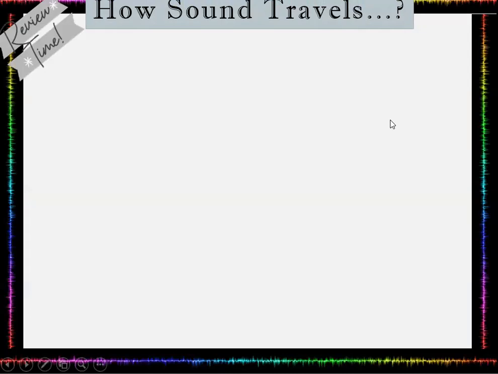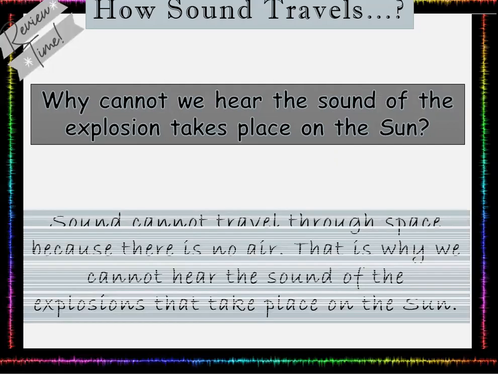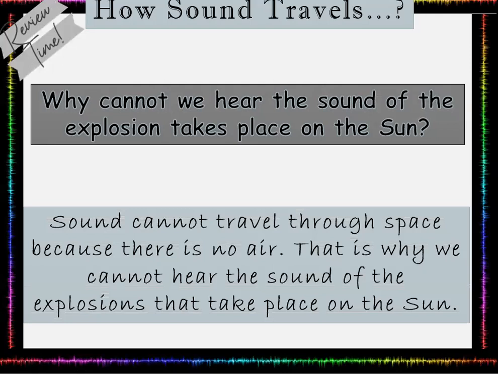How does sound travel? Students, if we have a question in our mind, why can we not hear the sound of the explosion that takes place on the sun? Students, sound travels at different speeds through different materials. Sound cannot travel through space because there is no air.